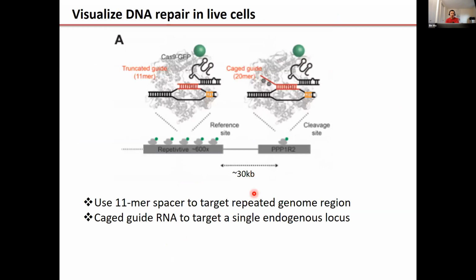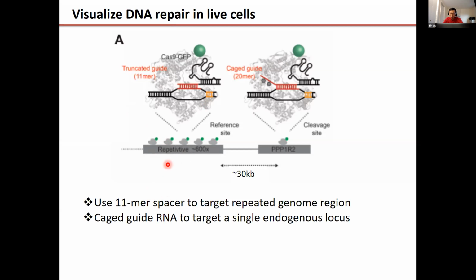Next, we try to visualize the repair process in live cells. To do that, we use an 11-mer spacer to target a repeated region in chromosome 3. As we said before, with an 11-mer guide RNA, the Cas9 will not be able to cut. Because the repeated region has many binding sites, we can use Cas9 fused to GFP to visualize this genomic locus.